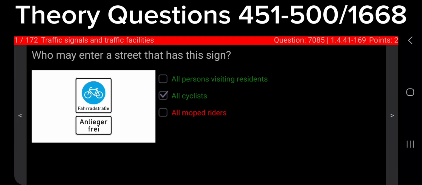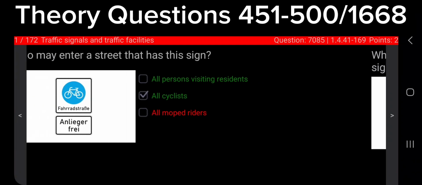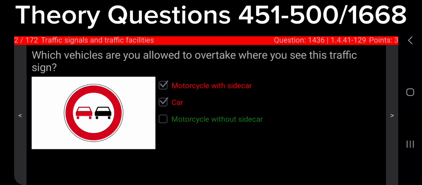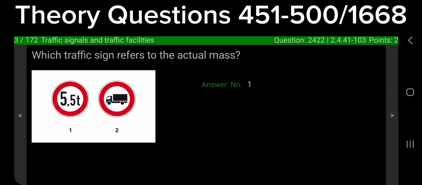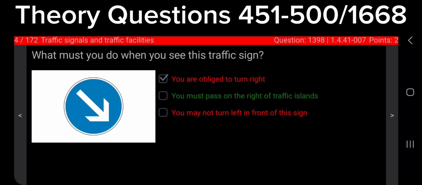All persons visiting residents, all cyclists, motorcycle without sidecar, which traffic sign refers to the actual mass.